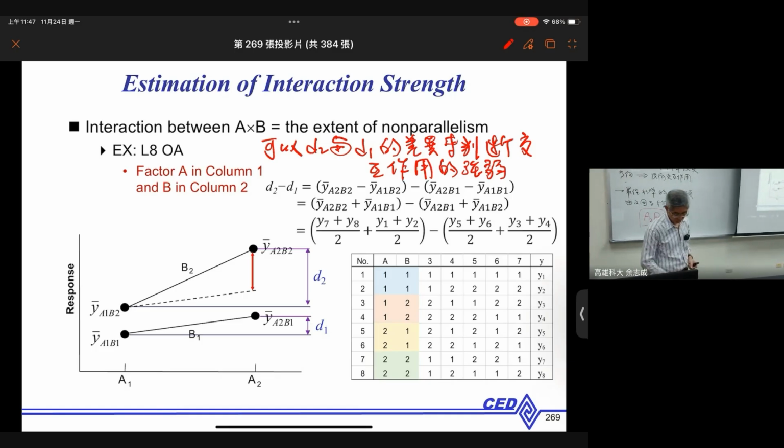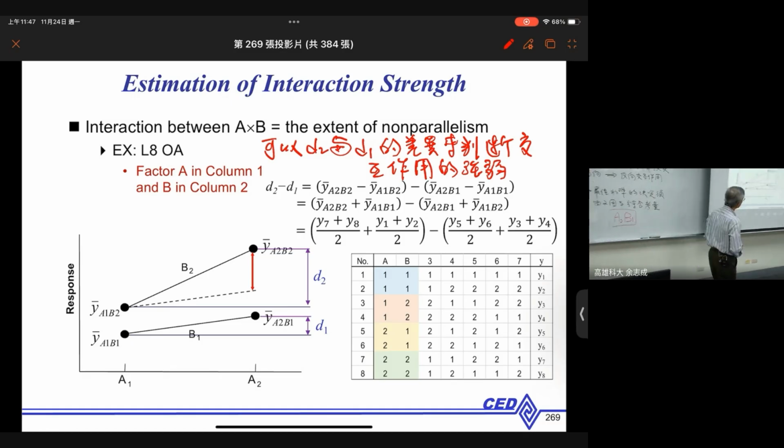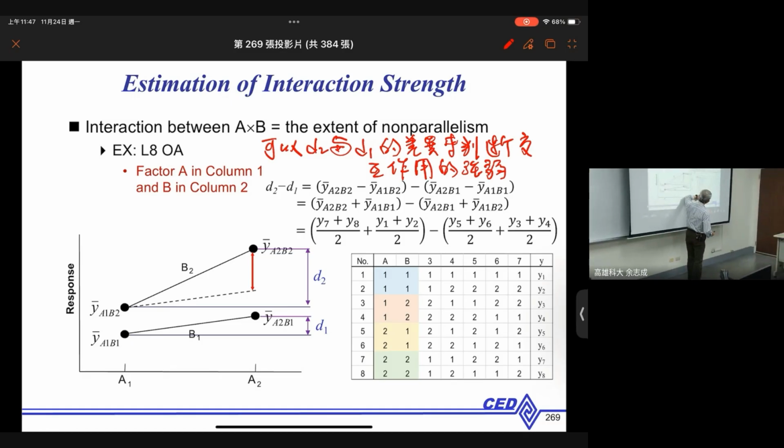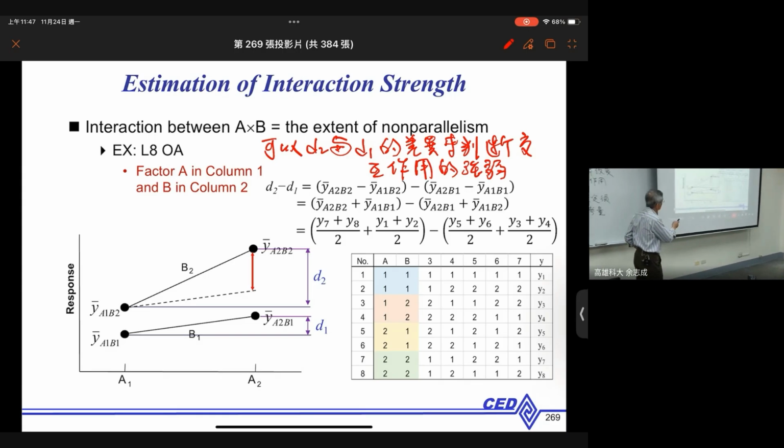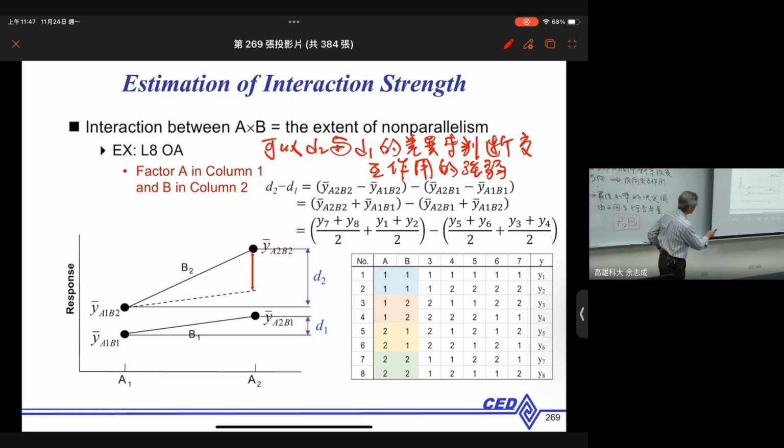So let's continue. What is A2B2? A2B2 is the average of Y7 and Y8, right? What is A1B1? From the response table, it is the average of Y1 and Y2. Therefore, the difference between D1 and D2 can be estimated using this equation.